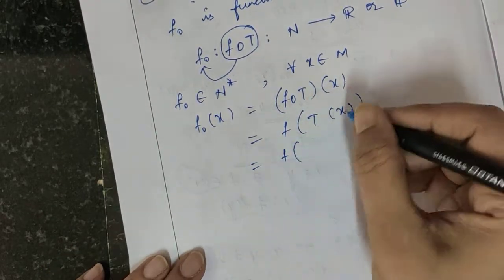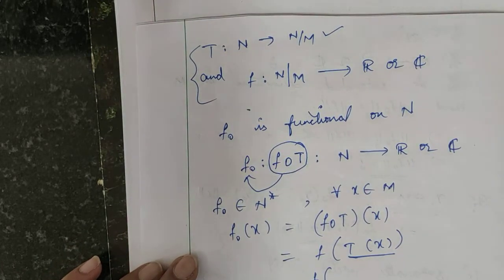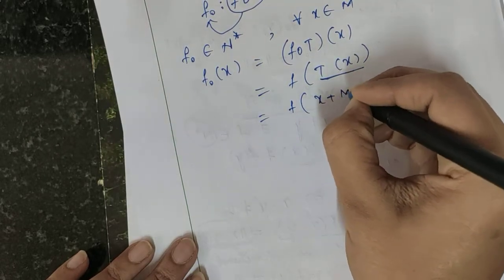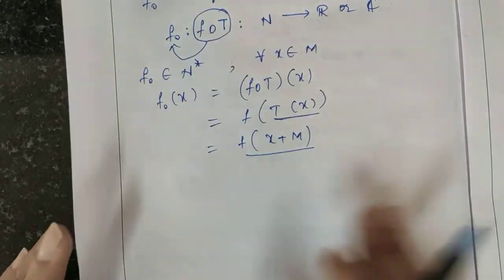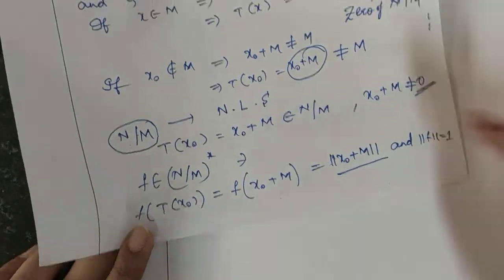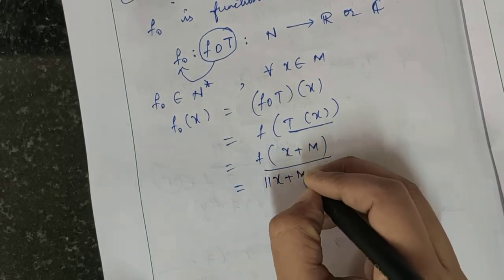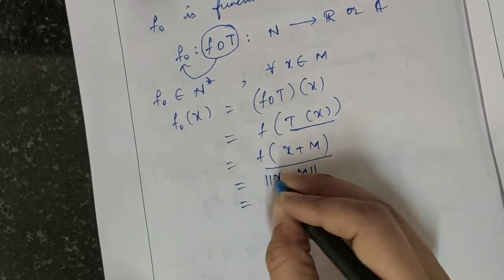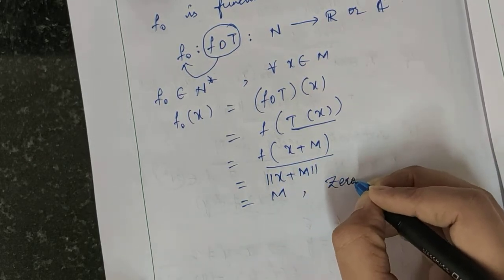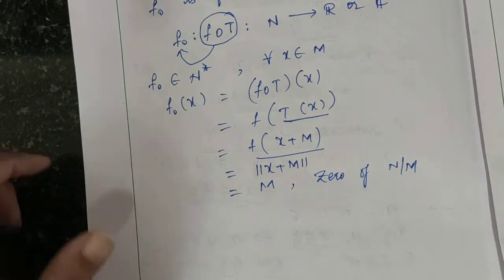So f of T of x, you can observe here, T is a mapping from N to N by M. So we can define T of x as x plus M. Now what is f of x plus M? f of x plus M is nothing but norm of x plus M, and for x in M, this is equal to M, which is the 0 of space N by M, right?